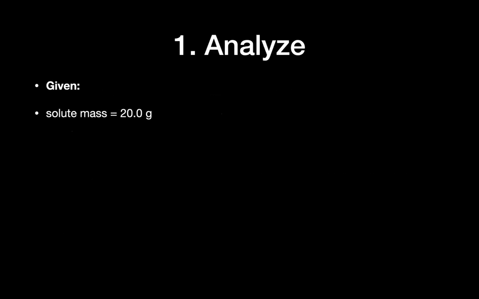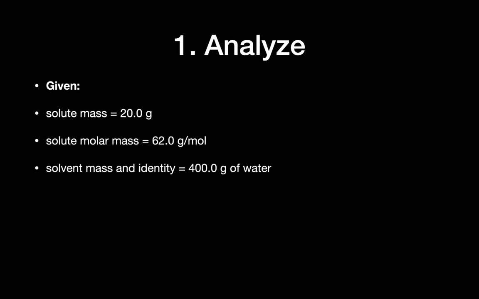You are given the solute mass and the molar mass, so you can change it to moles. You're also given the solvent mass and identity. The identity matters because you have to know the normal boiling temperature of the pure solvent. Your unknown for this question is only the boiling point elevation. You don't have to worry about the new boiling point.